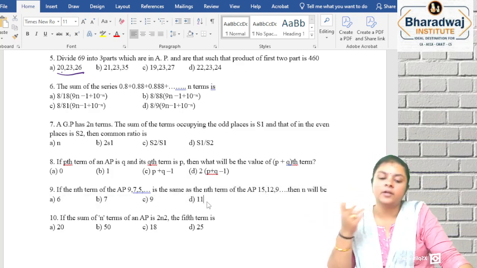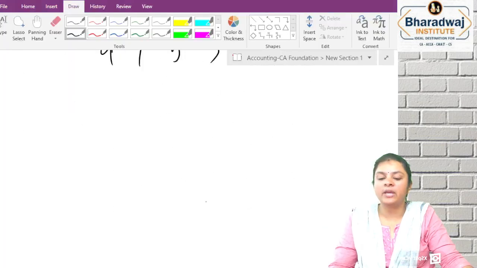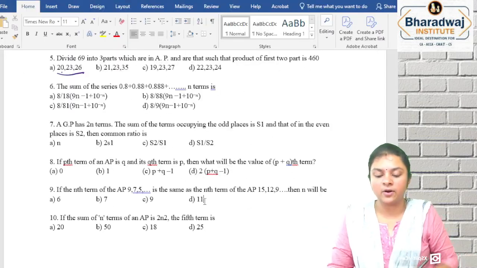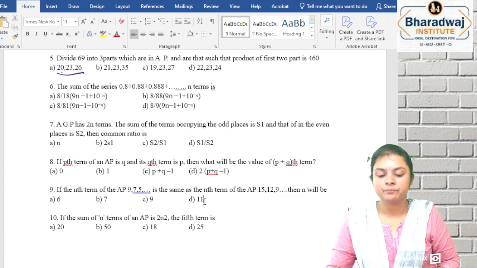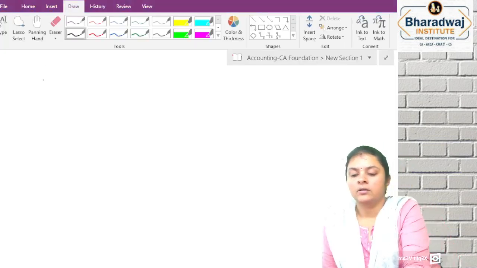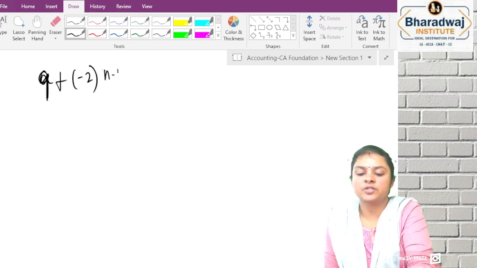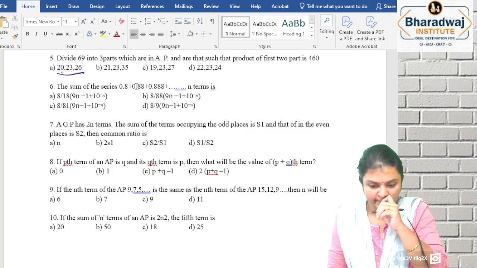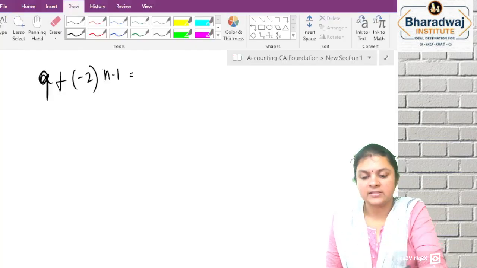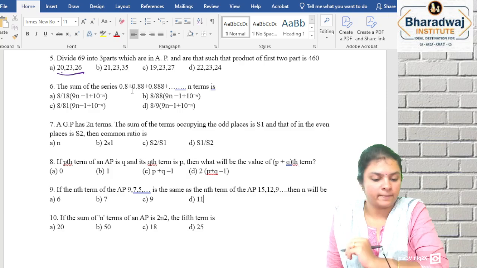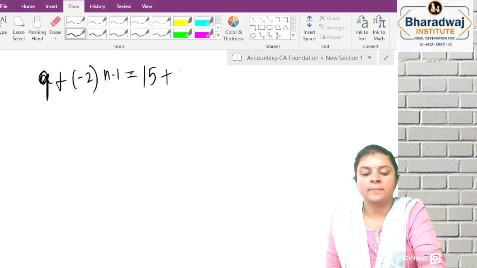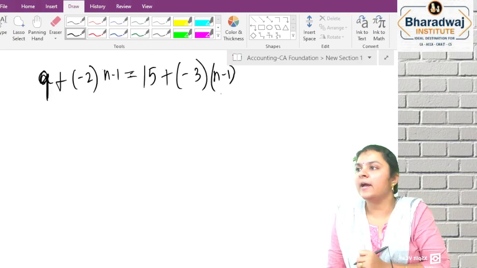Or you can solve it by equating. How to equate and solve? Let me give you that also as a classroom example. 9 plus minus 2 into n minus 1 is equal to the same term as 15 plus minus 3 into n minus 1. Correct?